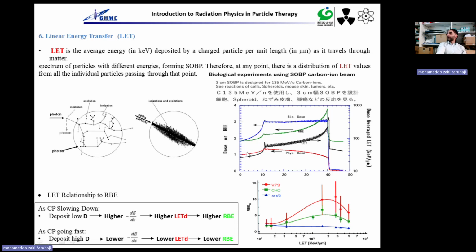For example, the cancer cell here responds this way, the V79, where RBE increases and suddenly decreases. The Chinese hamster cell has this way, RBE is increasing. The response of the cancer cell is higher. Each cell has a different way to respond to LET.